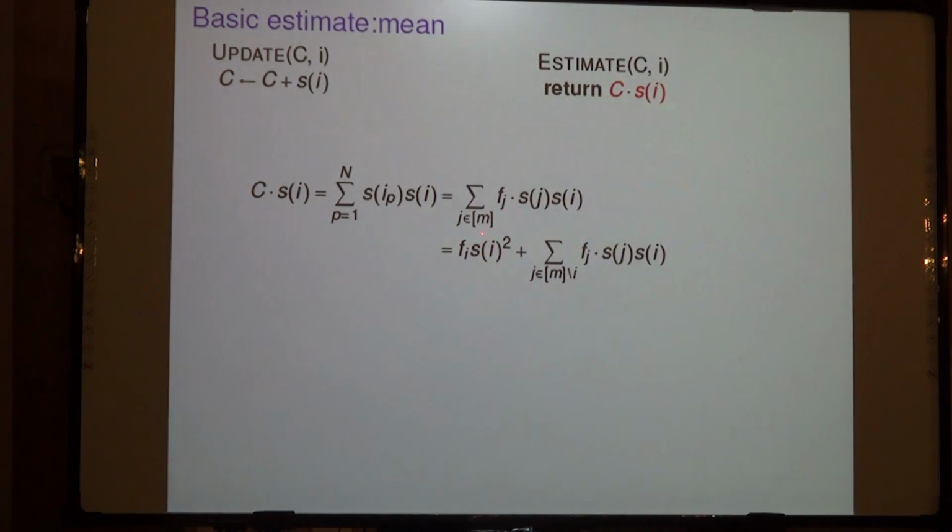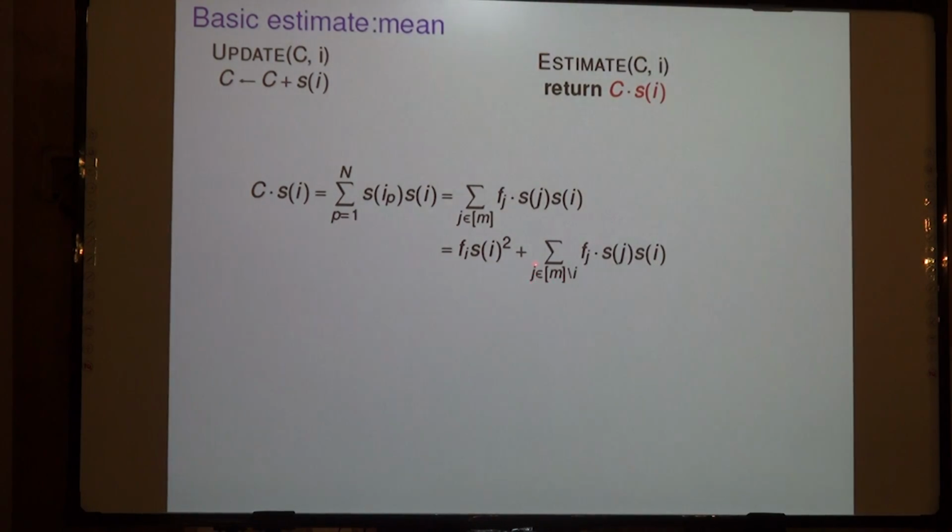Now, here it's useful to split the sum into two parts. Naturally, we get what we actually want to estimate. That is, inside this universe of data items, there's the fi that we care about. And this fi is multiplied by si squared, which conveniently is 1. And then we have something that is the noise term, similar to the off-diagonal terms, the cross terms that we got in the AMS sketch.